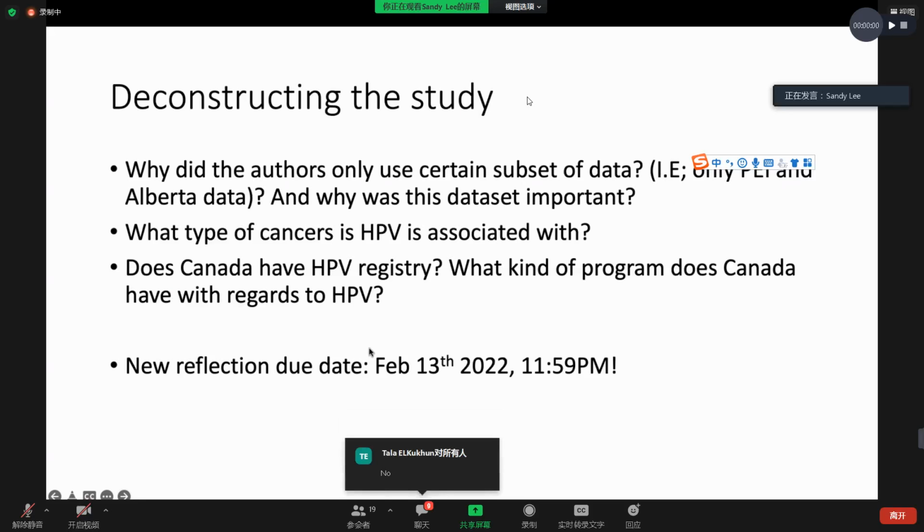Nope, they do it provincially, but they want to have a nationwide registry. Yes, but they also have publicly funded school-based HPV vaccine programs and a national advisory committee on immunization. All right.